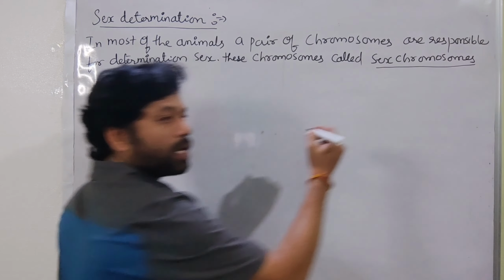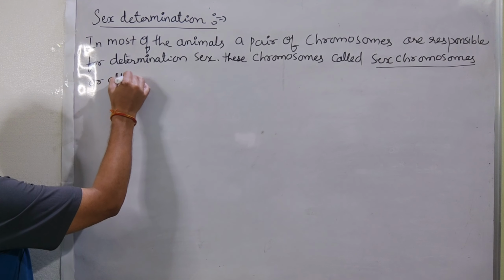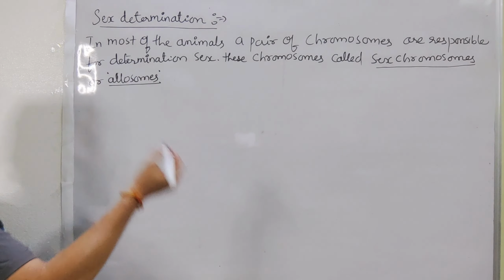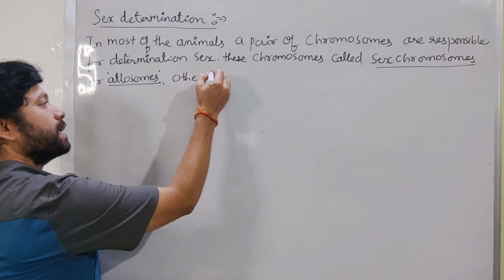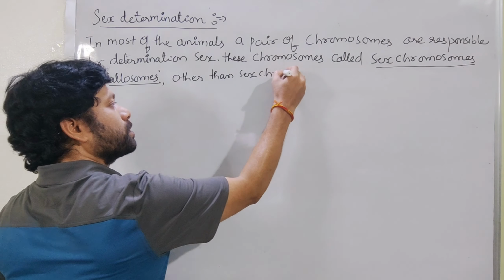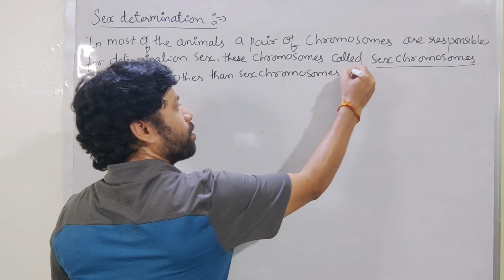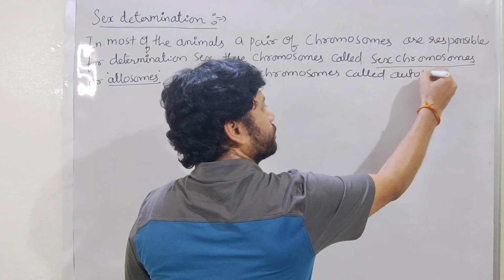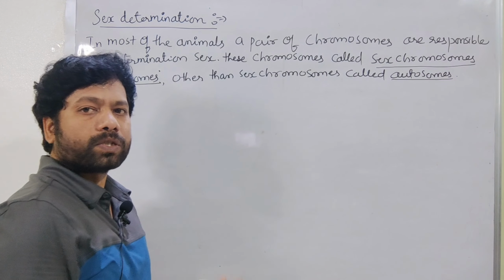Sex chromosomes are also called allosomes. Other than sex chromosomes, they are called autosomes.